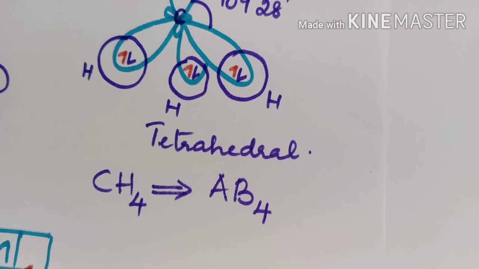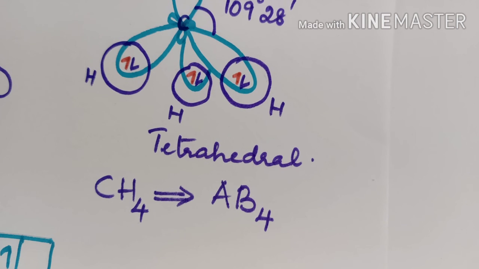There also you find the bond angle was predicted as 109 degree 28 minutes. So here you find that the hybridization involved in carbon is sp3.